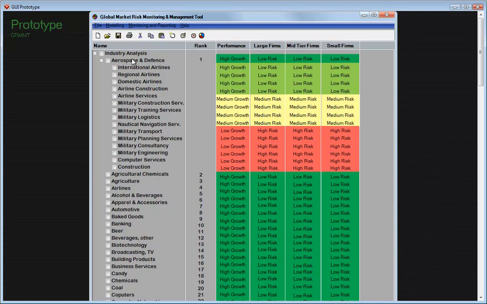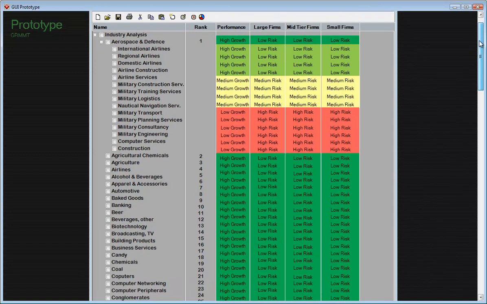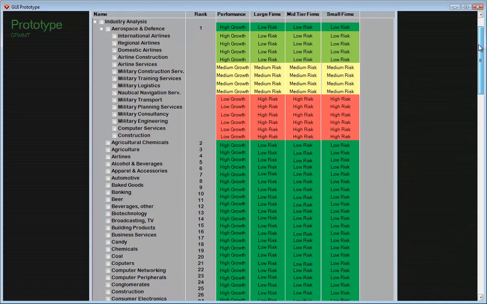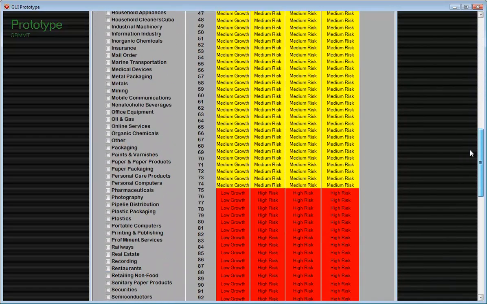You'll see here once we click on the industry group aerospace and defence, we are now drilling down to what we call the sub-industry level, so that we're getting closer to the underlying sub-industries themselves, and just following the governing matrix of low, medium, high measures of performance.